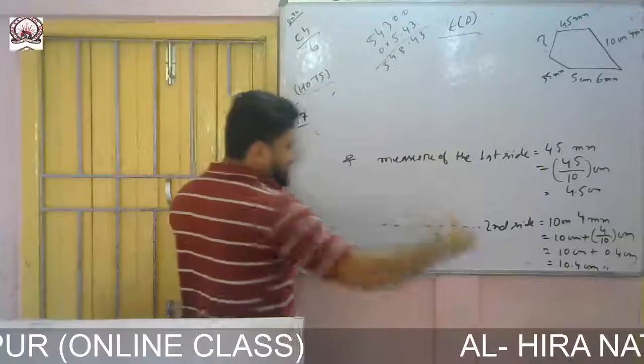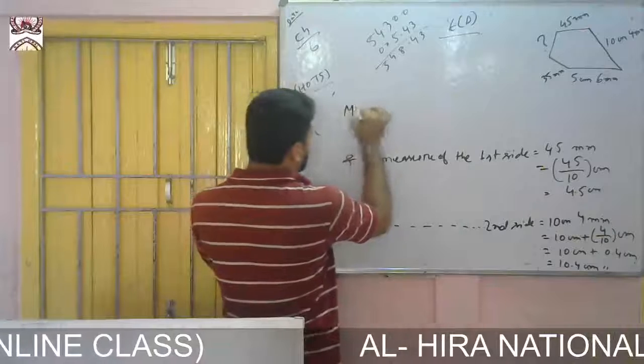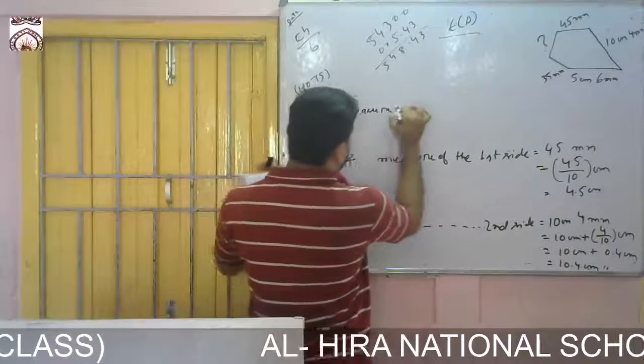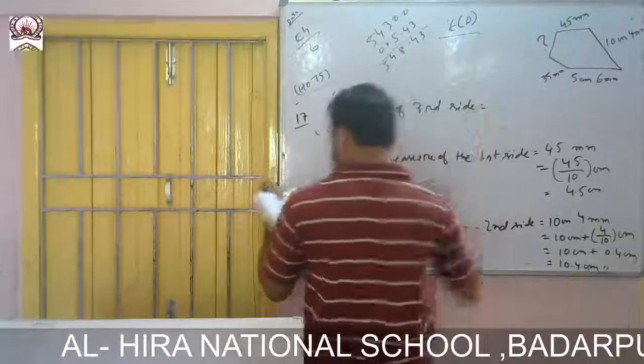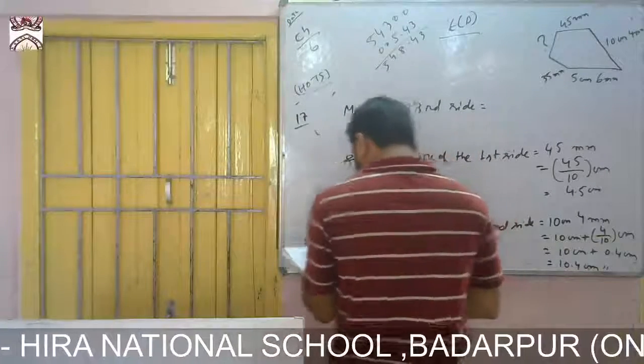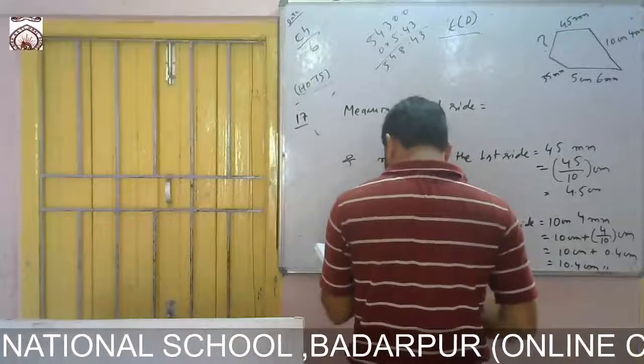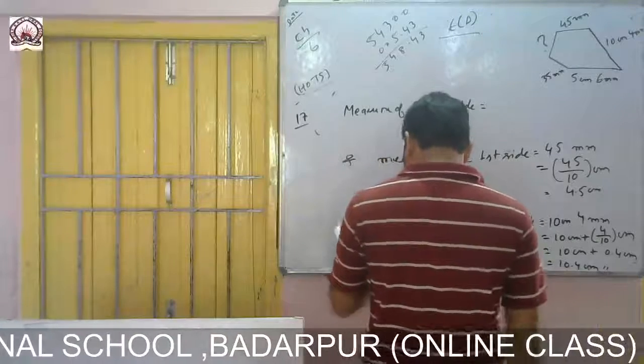Now write the measure of the third side. It is given 5 centimeter 6 millimeter.